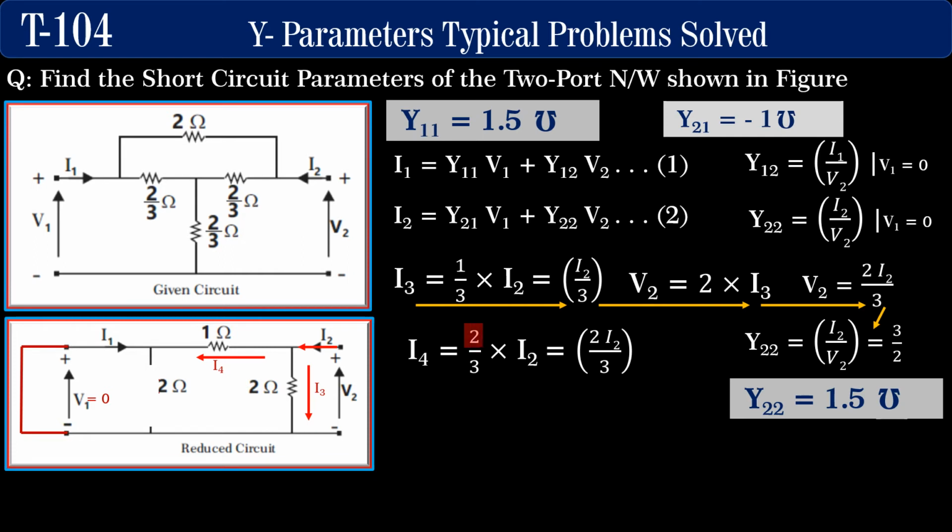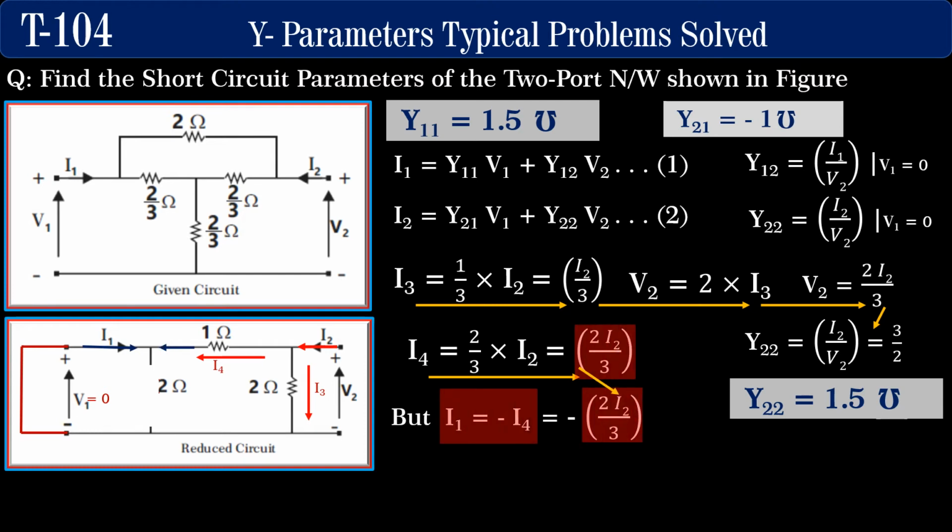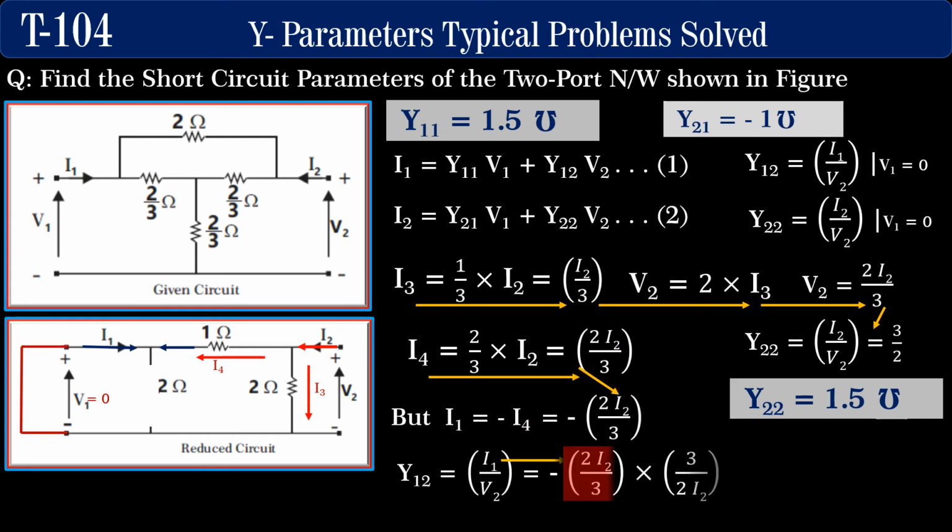Similarly, I4 is equal to 2 divided by 3 into I2, and hence I4 is equal to 2I2 divided by 3. But I1 is equal to minus I4. So by substituting, we get I1 is equal to minus 2I2 divided by 3. But y12 is equal to I1 divided by V2.